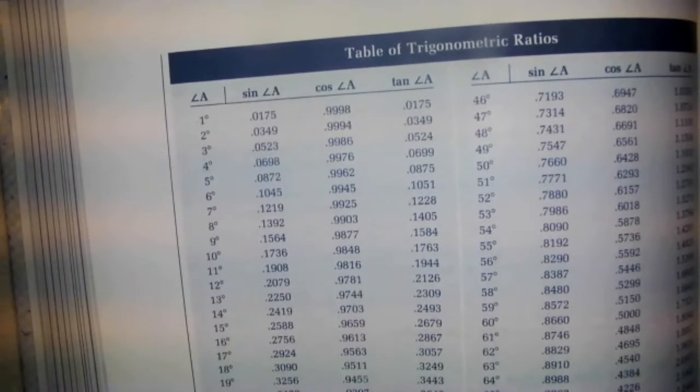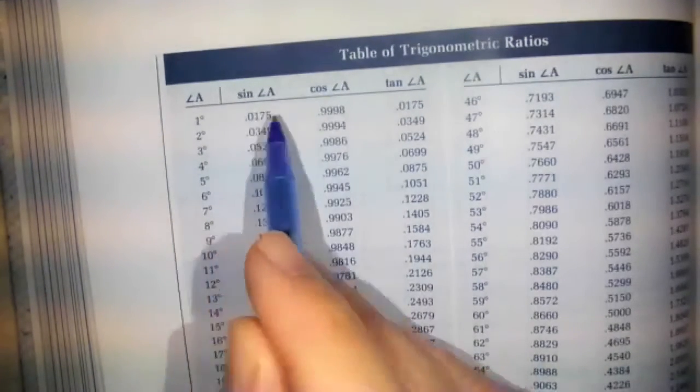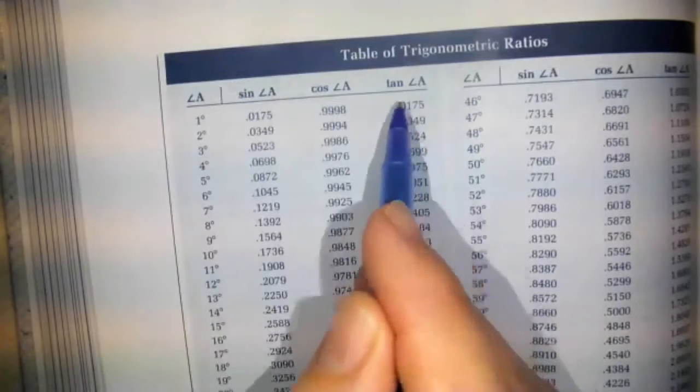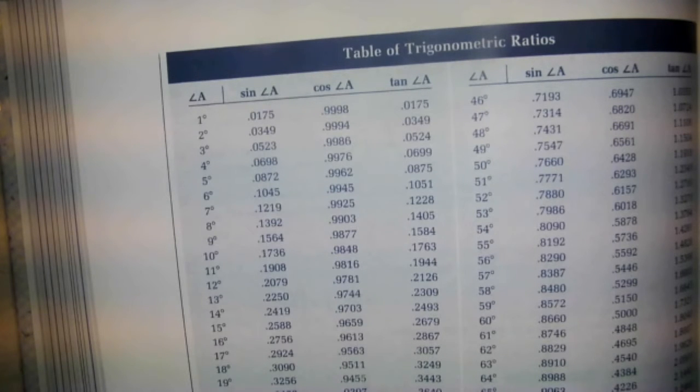And they measured those sides very, very accurately. And they found the ratio of the opposite to the hypotenuse, the adjacent to the hypotenuse, and the opposite to the adjacent, and listed them here for us. I like that story. It gives you a real tangible idea of how this chart came into being.